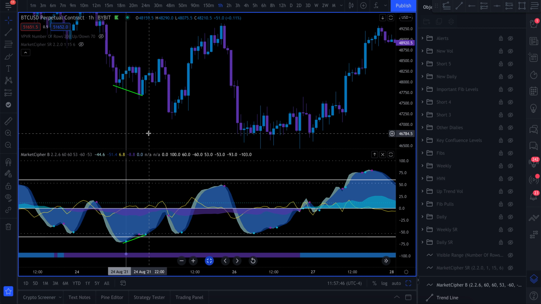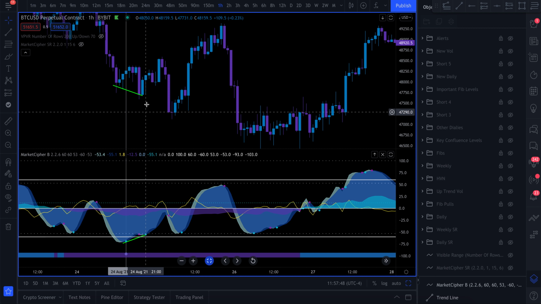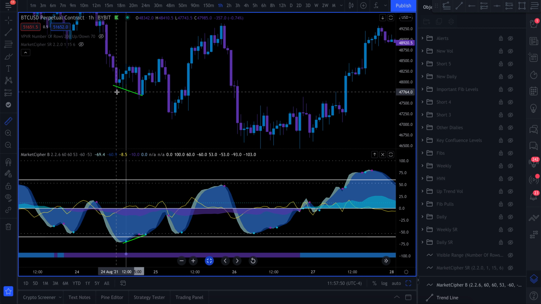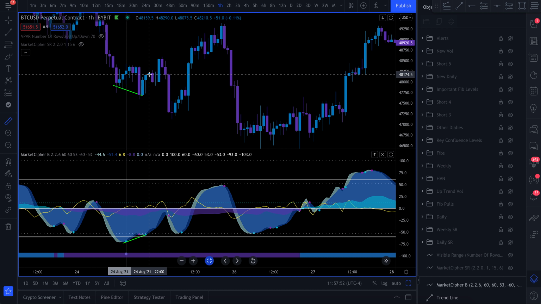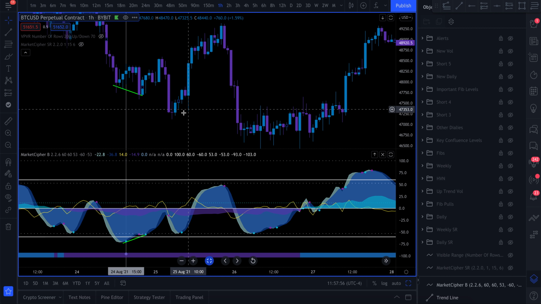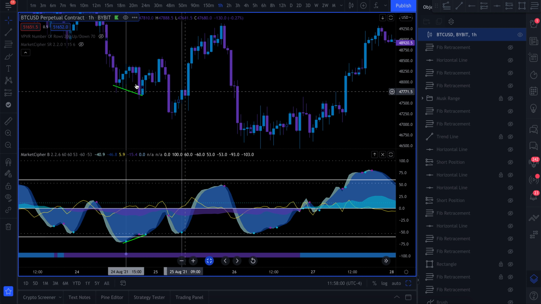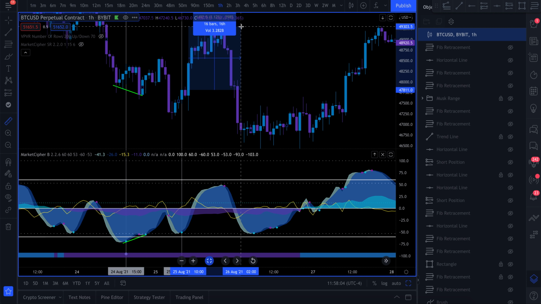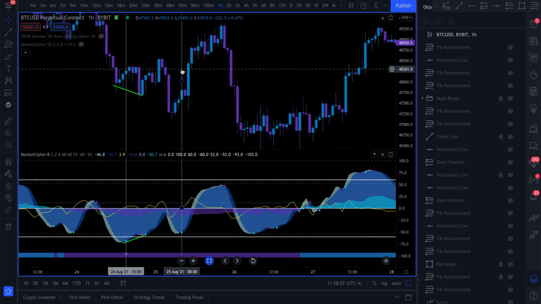Now, again, we're not going to wait for this green dot right here to print. You can wait for it to print, right? You can wait for the green dot to be confirmed, which would still allow you to get a nice 0.8% move. If we wait for this dot to be confirmed right here, we can also see that we will get a nice 3% move.